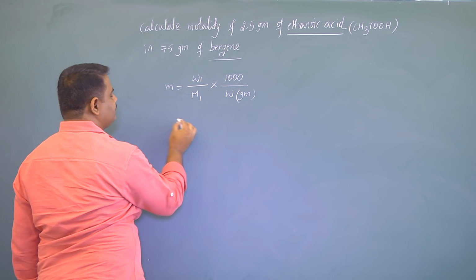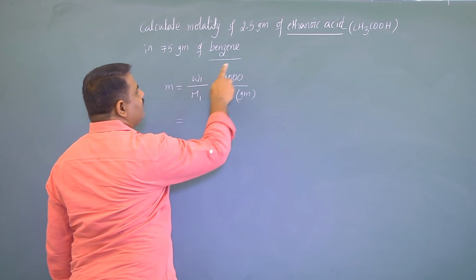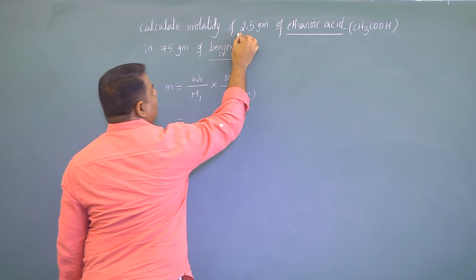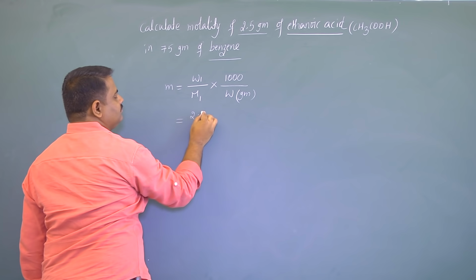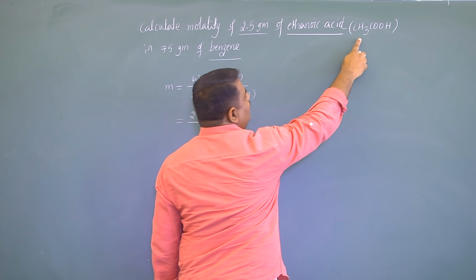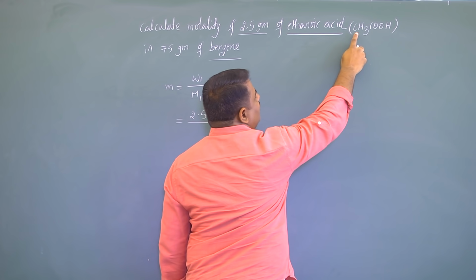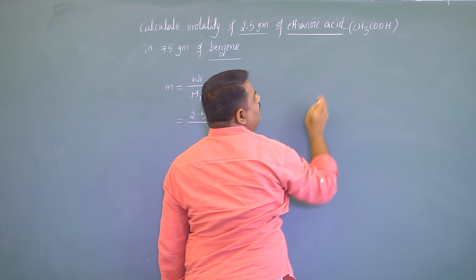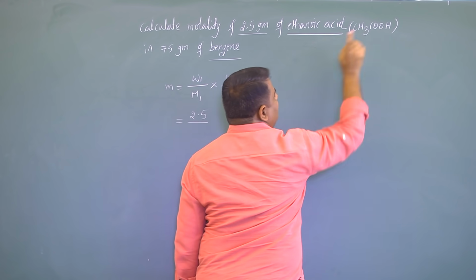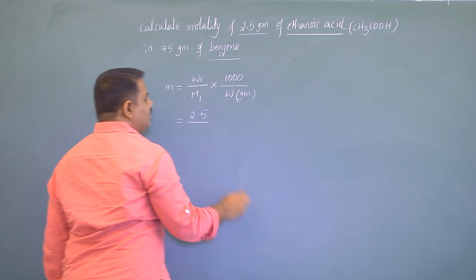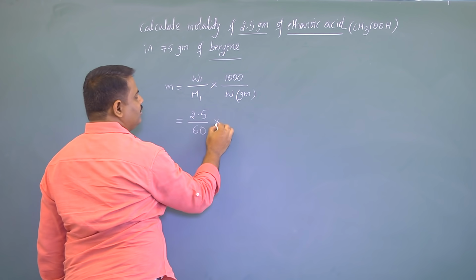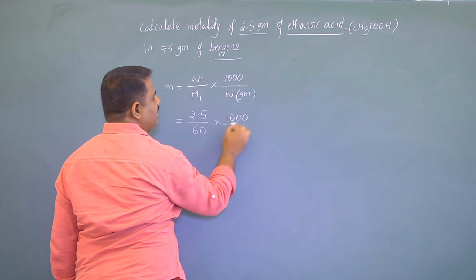Now next, what is the weight of solute, that is ethanoic acid? 2.5 grams divided by the molecular weight of ethanoic acid. Here the atomic weight of carbon is 12, hydrogen is 1, oxygen is 16, total together molecular weight is 60, into 1000 divided by weight of solvent.